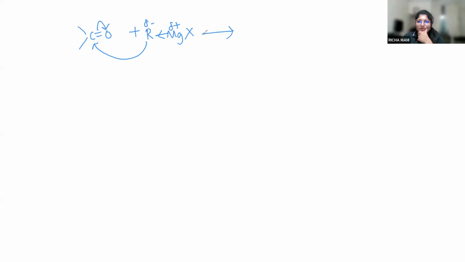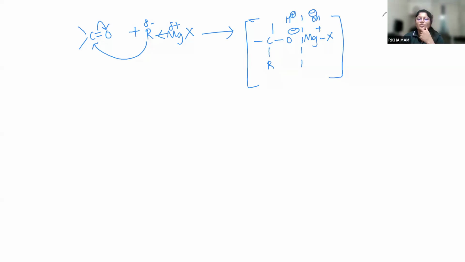What I am going to get is C, R, O minus Mg plus and X. Then addition of water takes place: here H will be added, here OH will be added. In the presence of water and acid, I am going to get the alcohol plus MgX and OH. So this is the reaction.